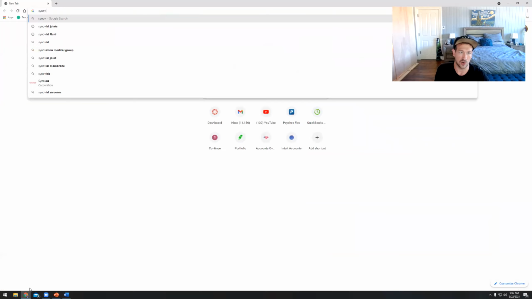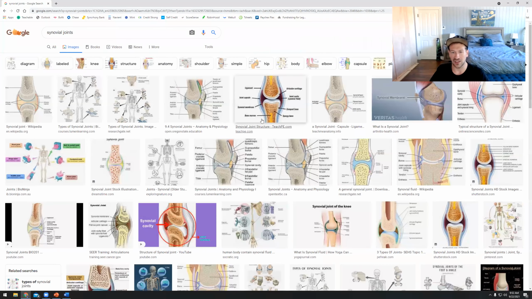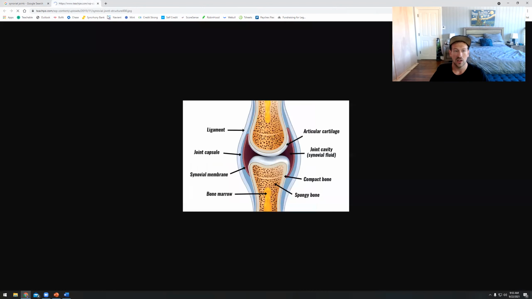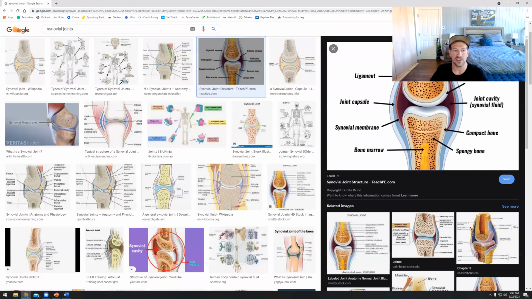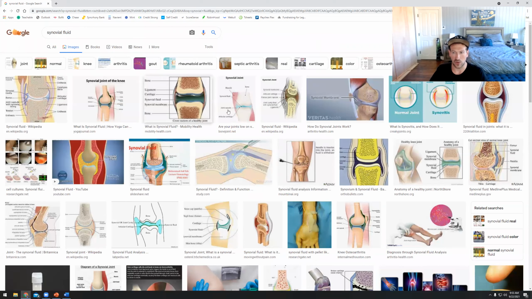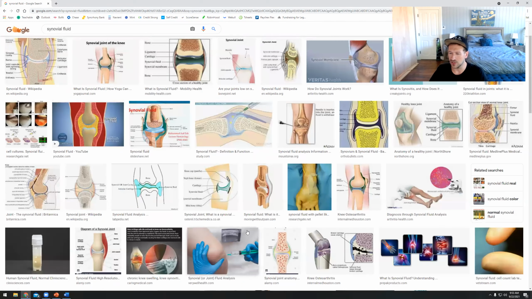So if we look at synovial joints, your knee is a classic example because there's a good amount of space between those two bones there. And then there's this big cavity, and all this synovial fluid found in there as well. You can kind of see it's this liquid filled area. Synovial fluid kind of looks like egg whites.